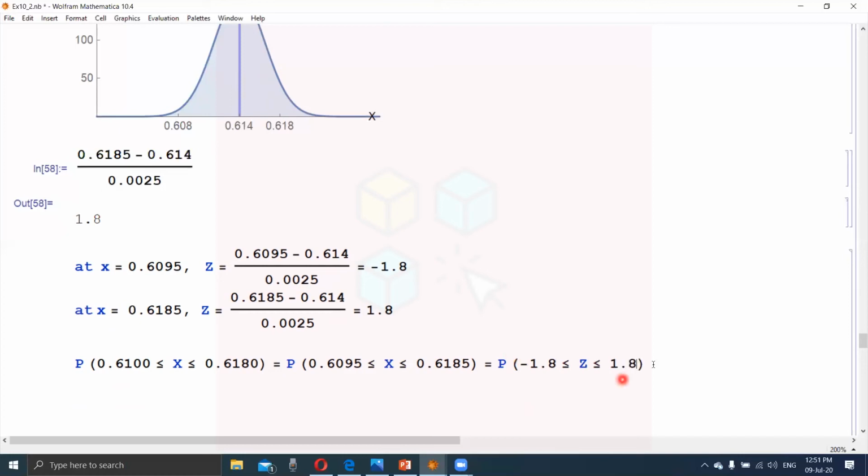Now, by applying the theorem, we can find phi of b minus phi of a. This is the theorem. So phi of b in our case is 1.8, and phi of a is minus 1.8. On the number line, 1.8 is on the right side, which has more area, so we'll write it first: phi of 1.8 minus phi of minus 1.8.